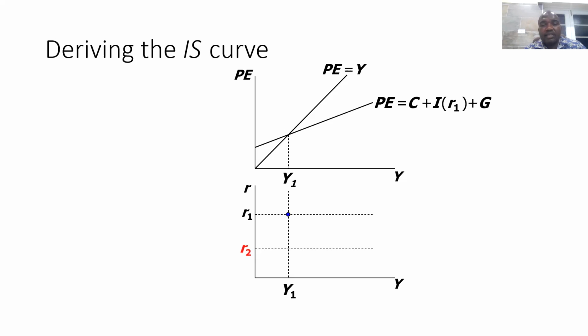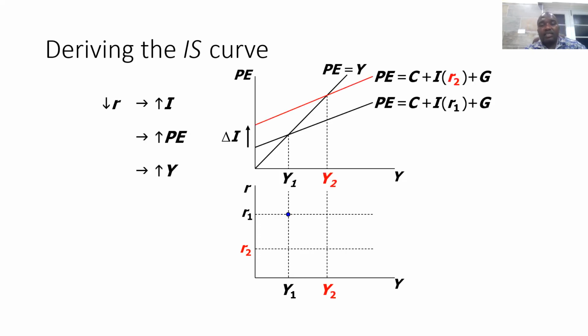And then we say let the interest rate decrease. If the interest rate decreases, then we expect investment spending to increase. Given that interest rates represent the opportunity cost of capital goods within an economy. So if the interest rate has gone down, it means capital has become cheaper, which incentivizes investment spending by firms.